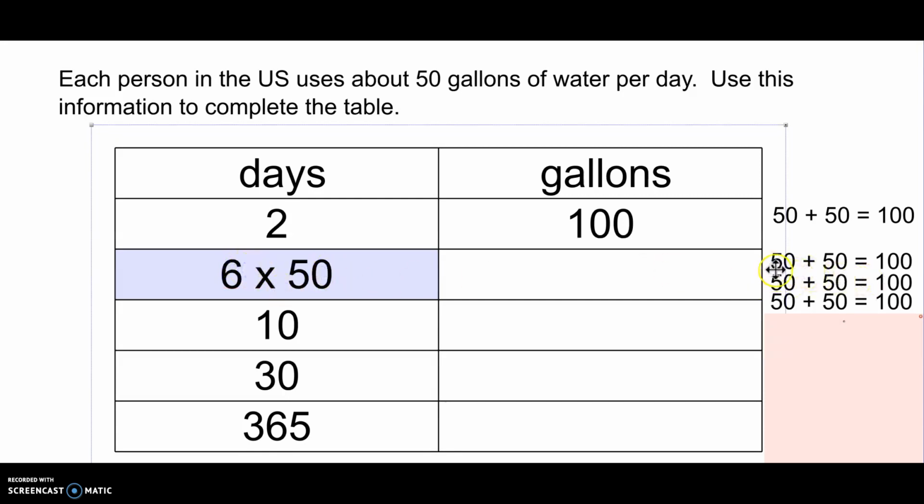To make it easier for myself, I can add 50 and 50, 50 and 50, and 50 and 50. There's my 6 50s. They each equal 100. So that'll be 300 gallons of water.